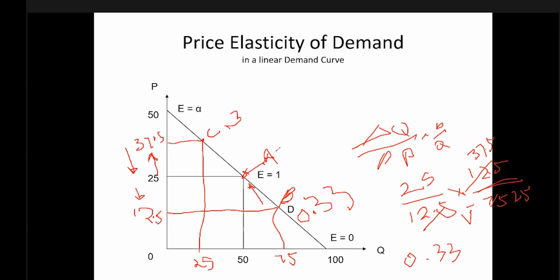So this graph clearly says that when you calculate at any point above this middle point, if you draw a graph like this, it will be 45 degrees. Right? So therefore, this is the middle point. In the middle point, we have elasticity equal to 1.